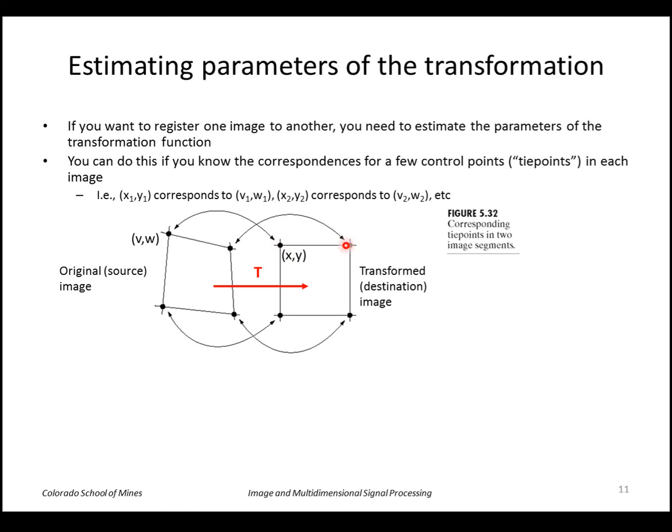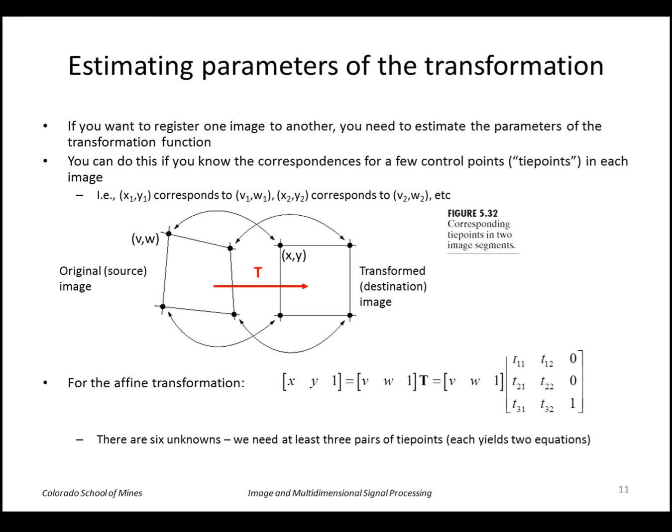And this point maps to this point, and let's say this point maps to this point, and so forth. So I have a set of points that correspond. So how many points do I need? I have 6 unknowns. Each point correspondence yields 2 equations, one for x and one for y. So that means I need at least 3 pairs of corresponding points to calculate the parameters of an affine transformation.